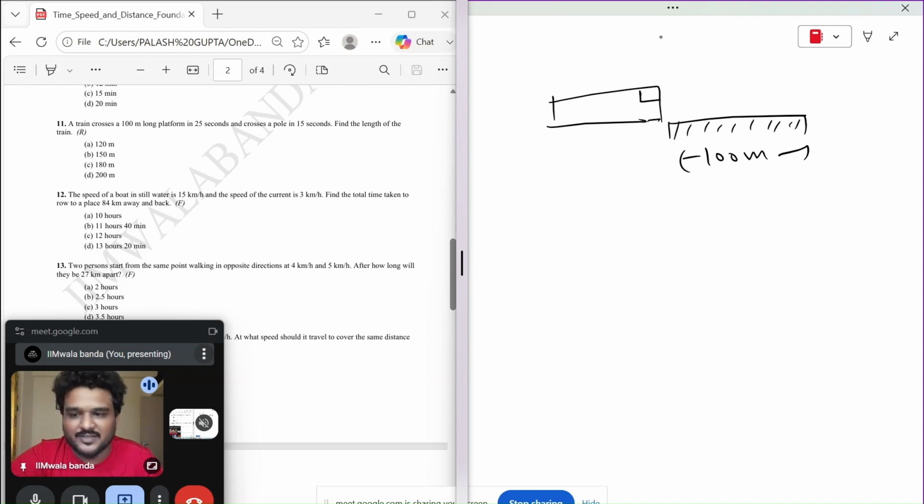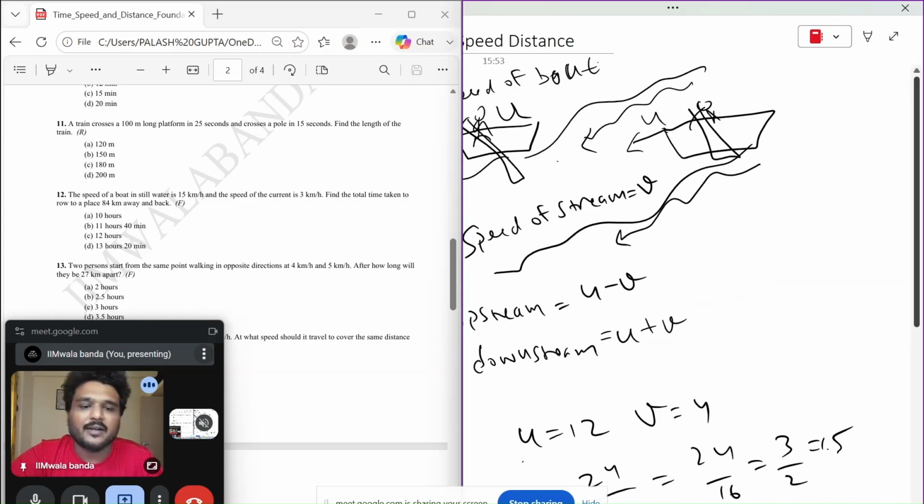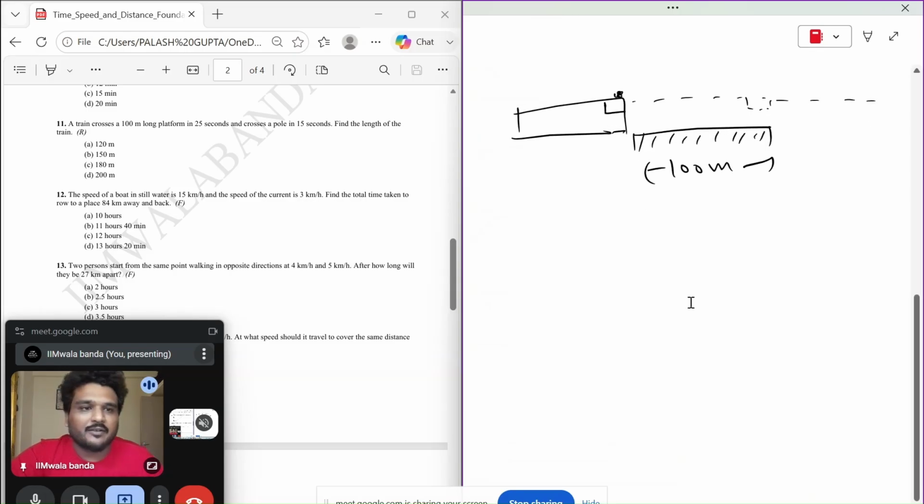So to cross, it's the same ant wala concept that the train has to cross, right? So not only it has to reach here, but it has to also get completely away from the platform. So the train has to really get to this point to be able to cross. So it is not only covering 100 meters, but also its own length. So in such cases, don't think so much, just add the distance.